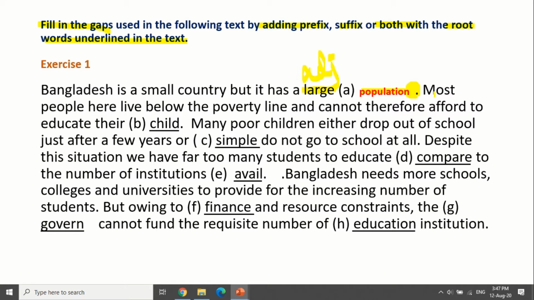Then the next line. Most people here live below the poverty line and cannot therefore afford to educate their child.